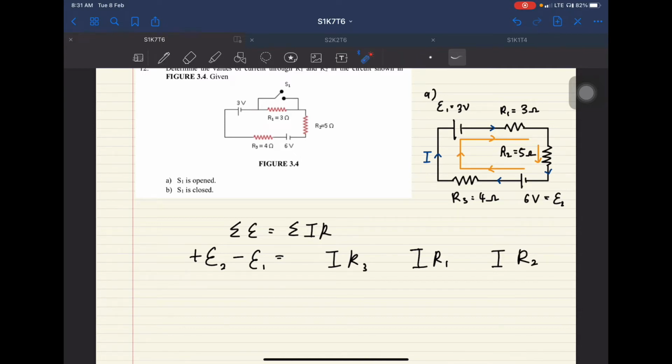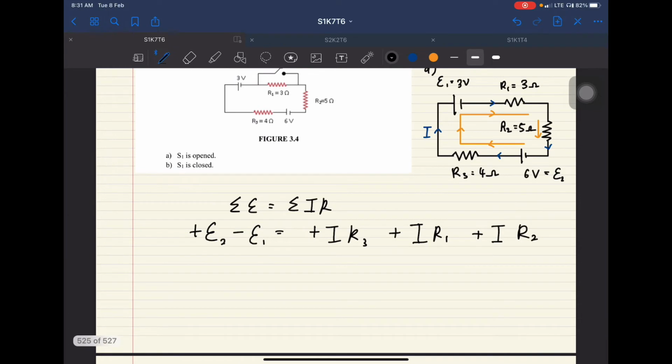In this case, because we are drawing the direction of current to be the same as the loop everywhere, it is always positive, because loop direction and current direction are in the same direction. So positive here, here, and here.